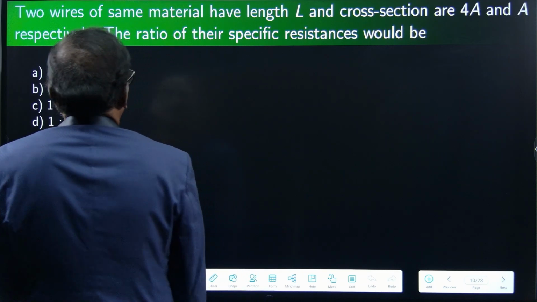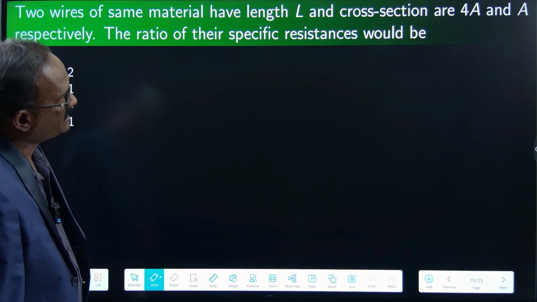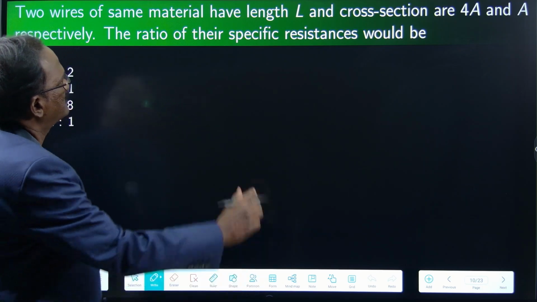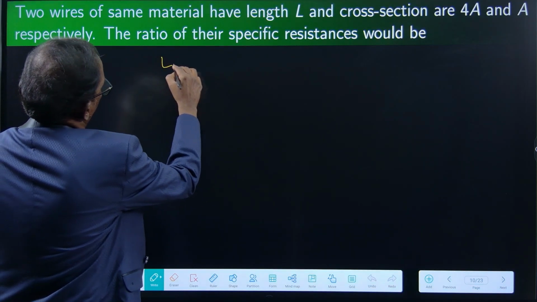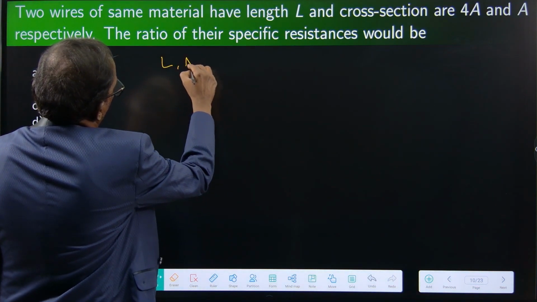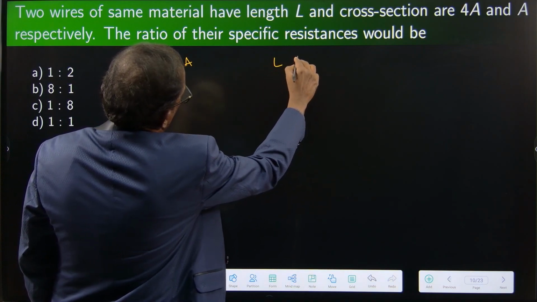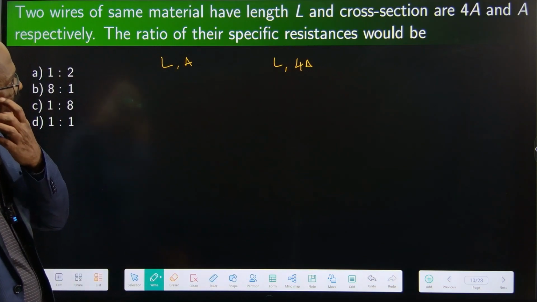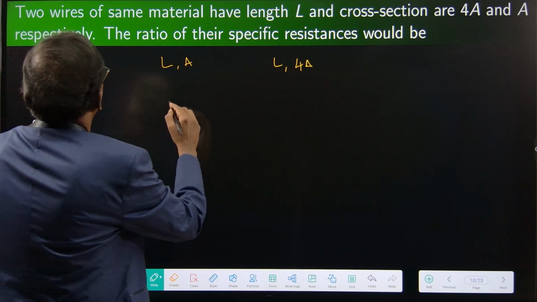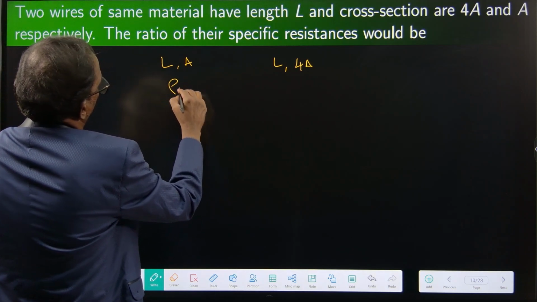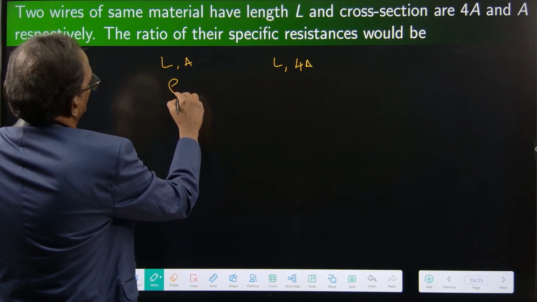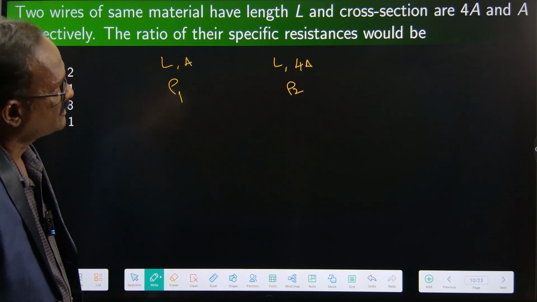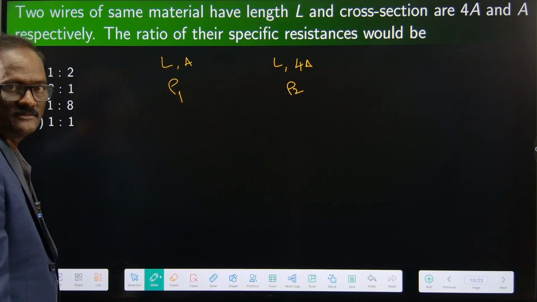The two wires of the same material have length L and cross section 4A and A. L and A, next material L into 4A. The ratio of their specific resistances: let it be rho 1, let it be rho 2. This ratio would be what?